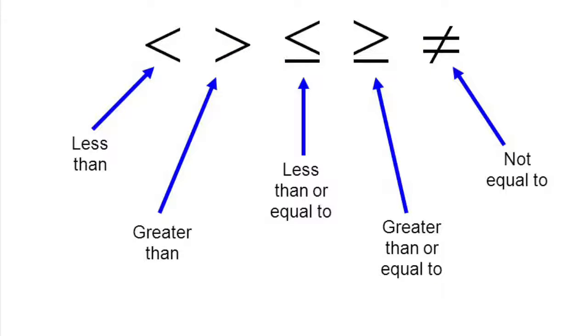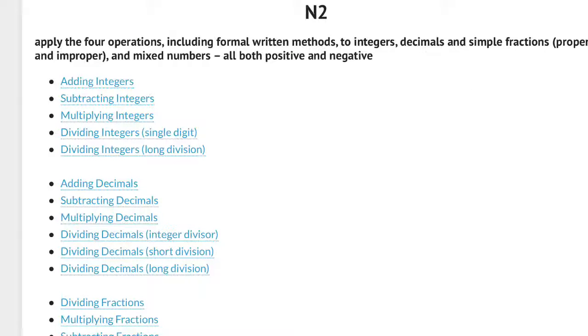Feel free to screenshot this because this will definitely help guide you through inequalities and their signs. Okay, this is what we're going to go through next week. We're going to go through them all in one video because that would be quite insane. You can screenshot them if you would like to.